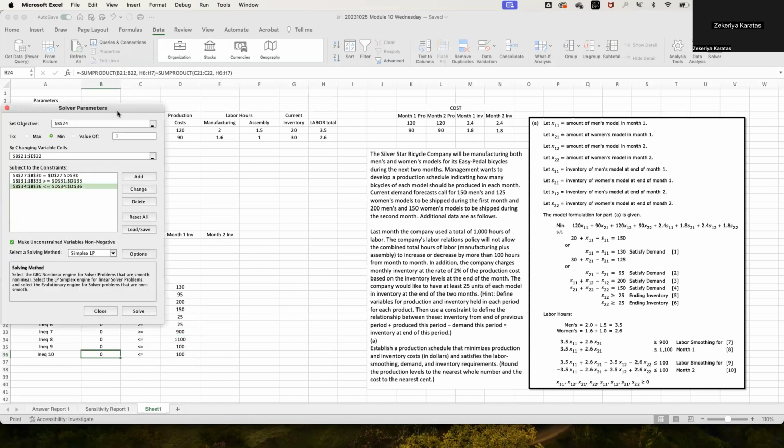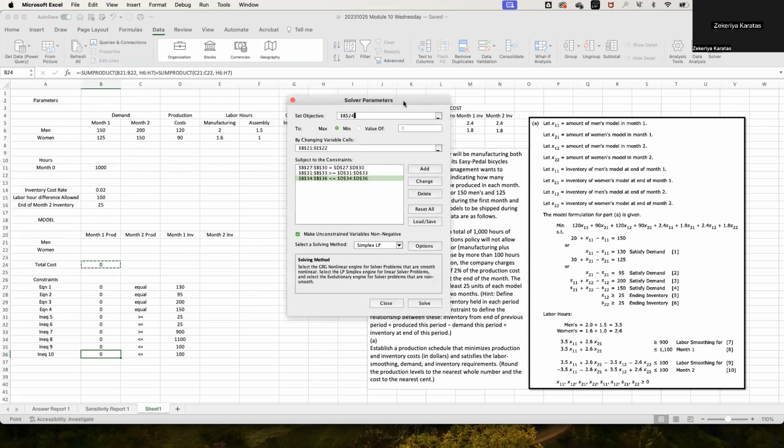So I'm ready to run my solver. But one more thing: in the nonlinear model case you need to use a different method, but here you use simplex. Then you click on solve, and it's going to give you all those numbers here.